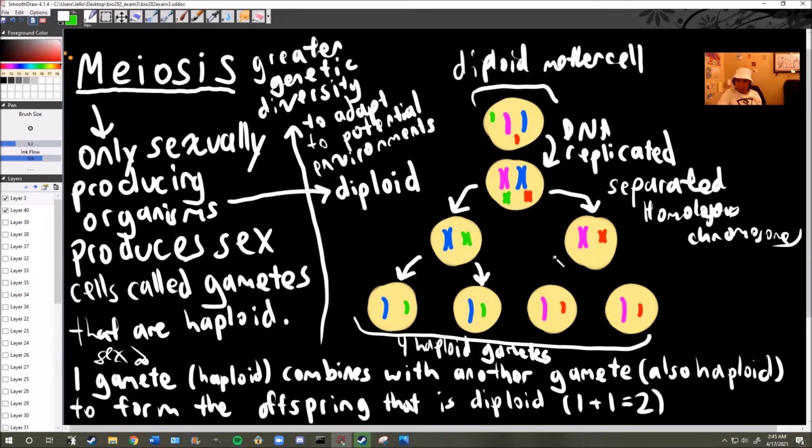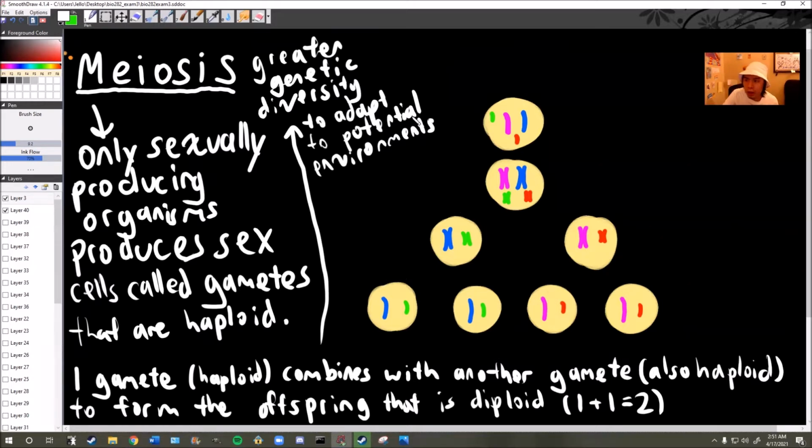And the sister chromosomes are no longer present. So what happened in this step was separation of sister chromosomes, and that left each one with a single chromosome of each kind, meaning you can't have a homologous set in the haploid one because then it wouldn't be haploid.